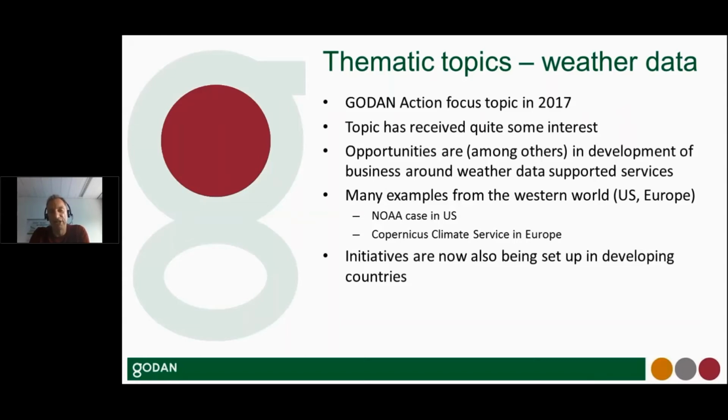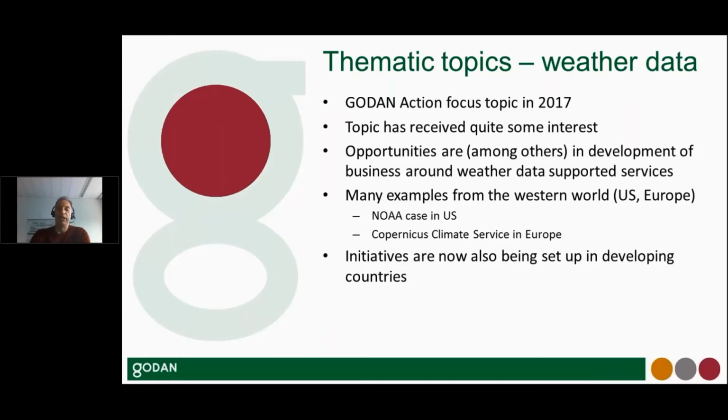We have the NOAA case where there's been data released in the US, where a lot of business is formed around open data. In Europe, we also have the Copernicus Climate Service, which is now being set up, which does a lot of open data on climate and weather, which is still under development, but where we expect that there will be a lot of activities, also business activities on top of this whole data service.